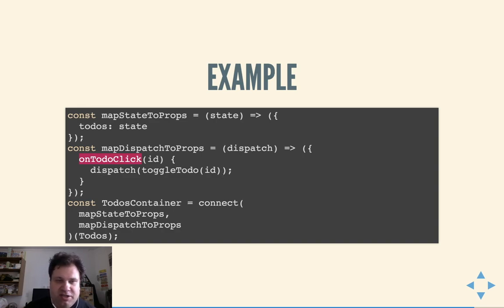So for example, in this specific case, the Todos component is going to receive a prop called onToDoClick, which is a function that receives an ID parameter and causes a dispatch of an action that is generated by the toggleToDo action creator receiving an ID.